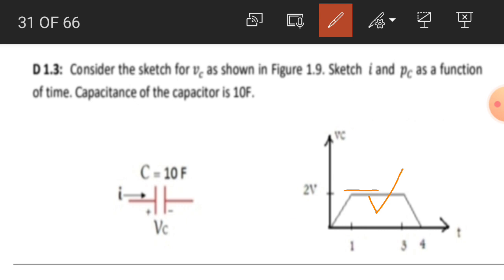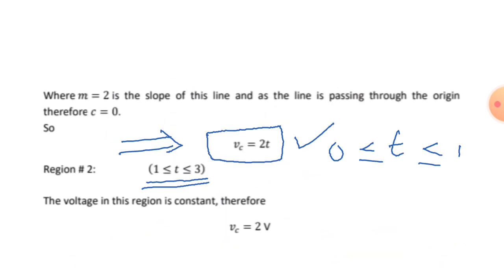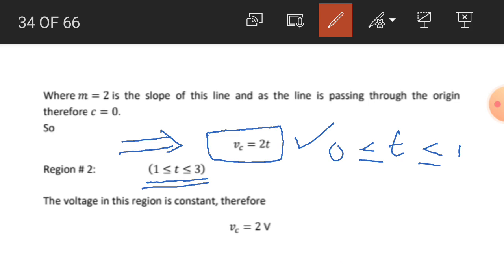This is the voltage in region number 2, which is constant, which is 2 volt. So the voltage across the capacitor in region number 2 is constant with respect to time. The voltage across the capacitor is 2 volt. So we have calculated the voltage in region number 2, which is 2 volt.